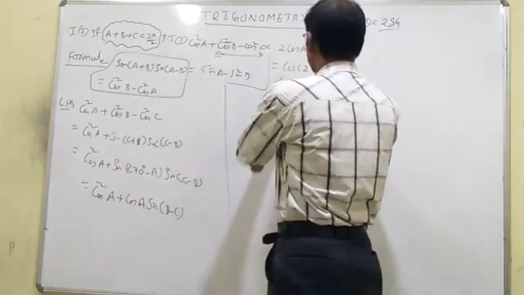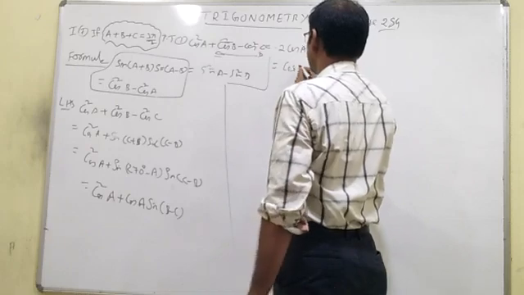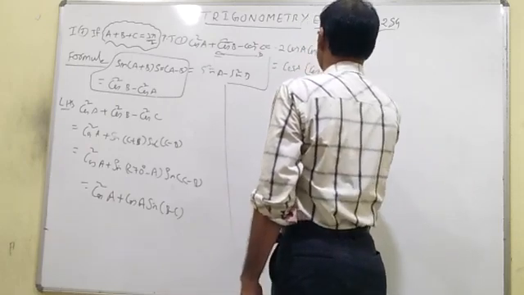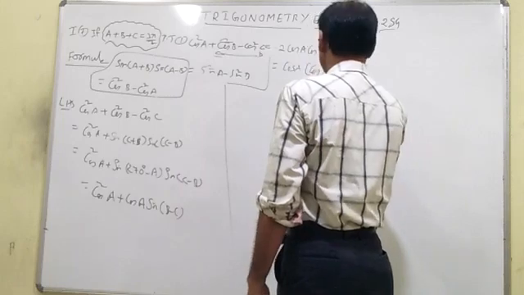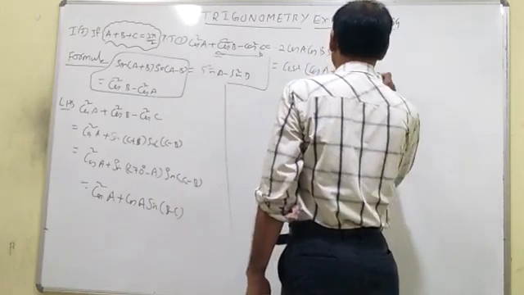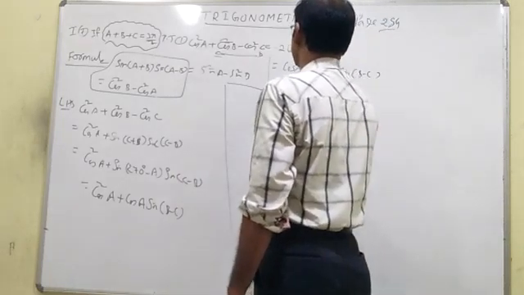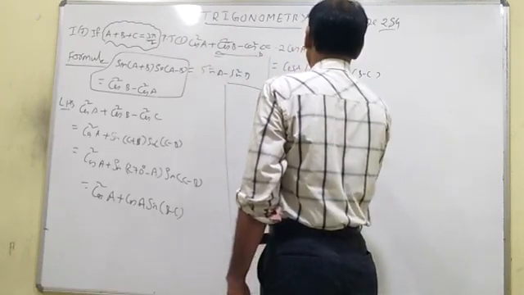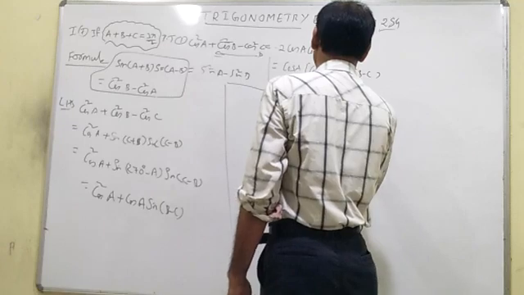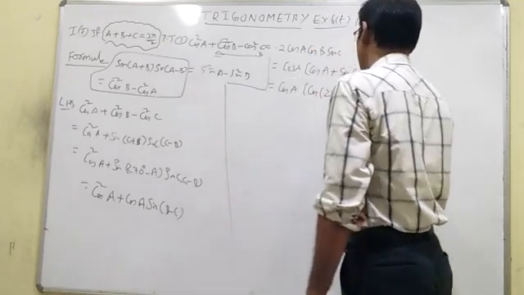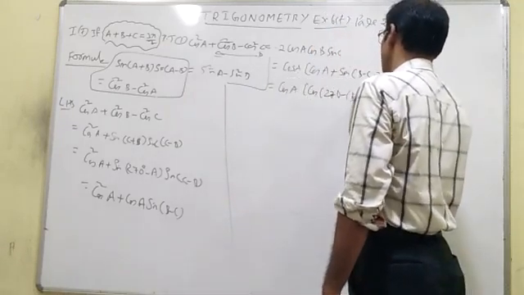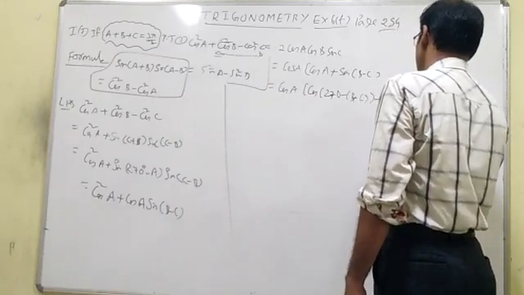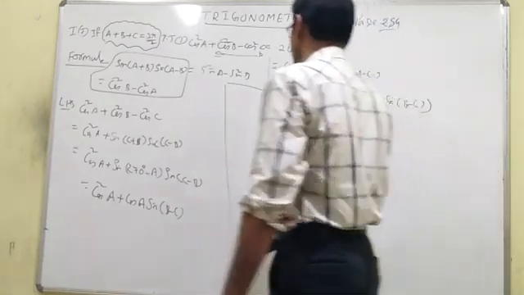Now cos A you take common along with the two terms. Cos A taken common. So cos A plus this is sin of b minus c. That is equal to cos A into, now you should write instead of A, cos 270 minus of b plus c into sin of b minus c.